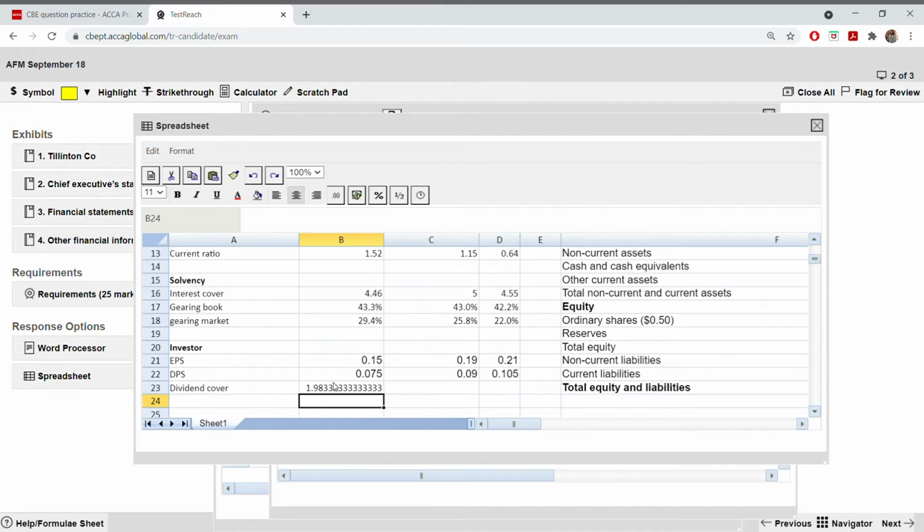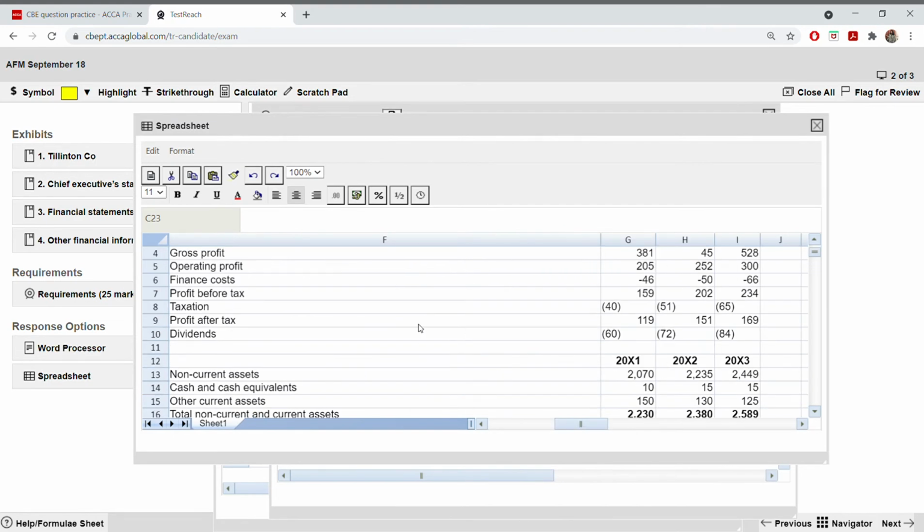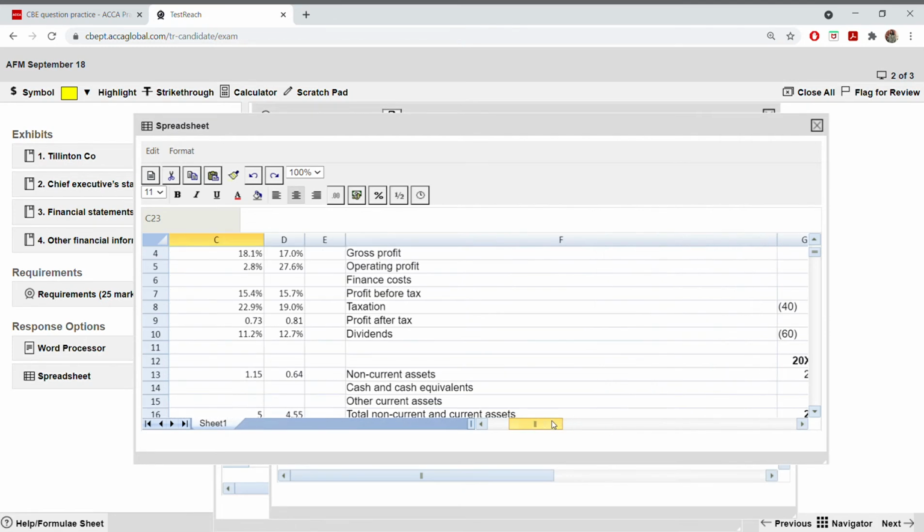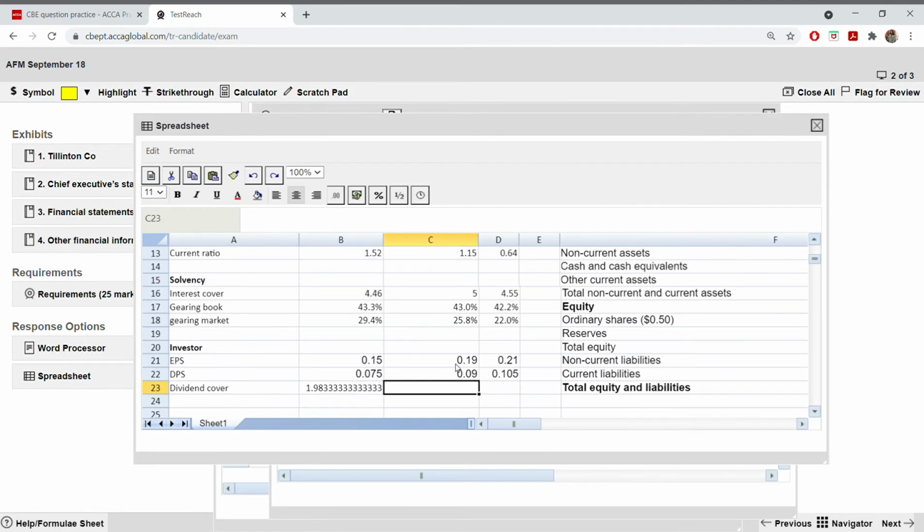Okay. Next. It's always profit after tax divided by this. 151 divided by 72. You can even write the number as it is, 151 divided by 72.